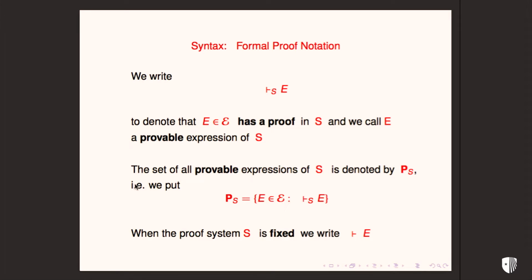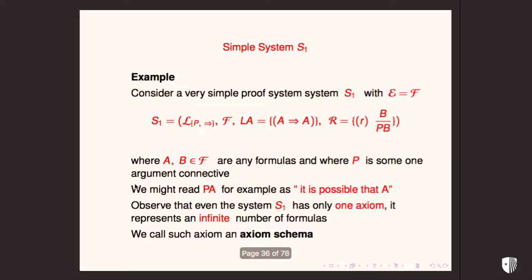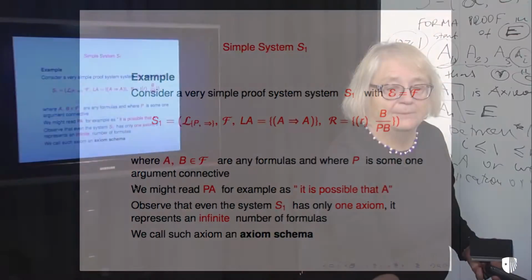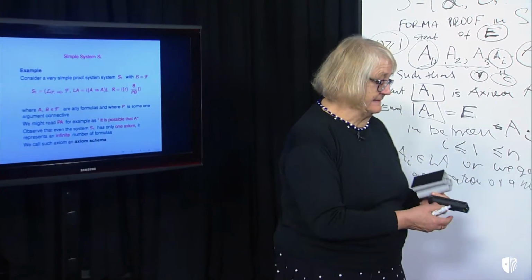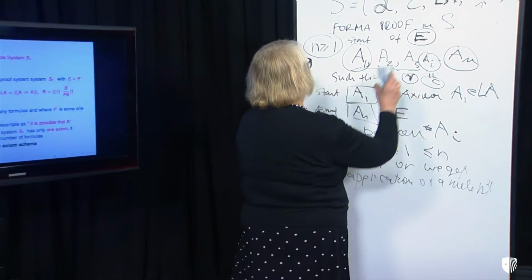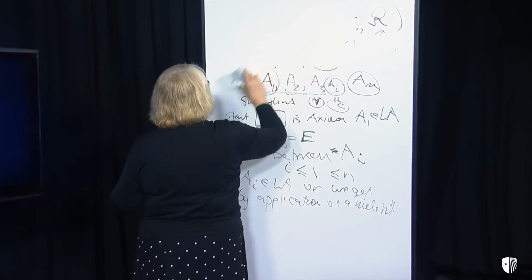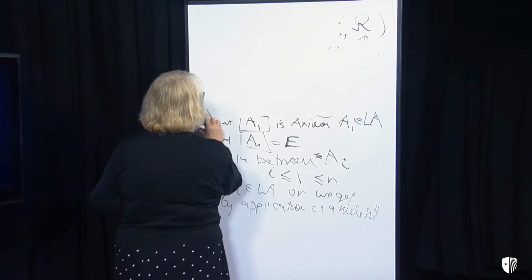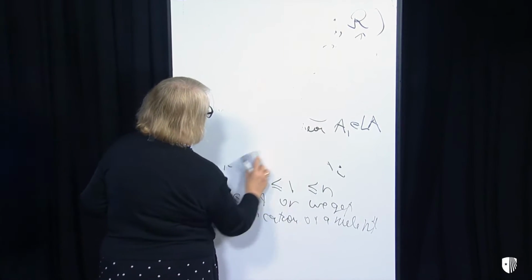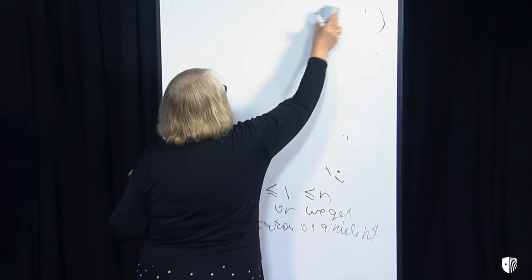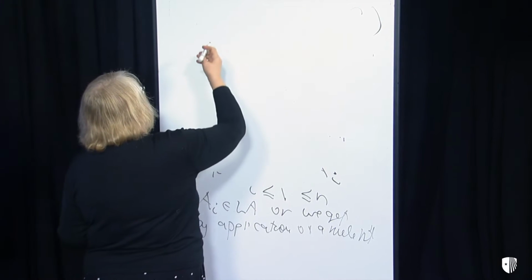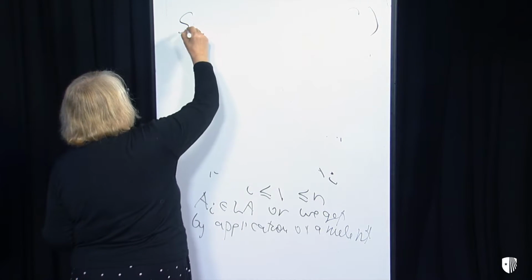So now let's do a nice little example. I'm going to write this example on the blackboard. We have two proof systems. I want to have a simple proof system, so I say S1.